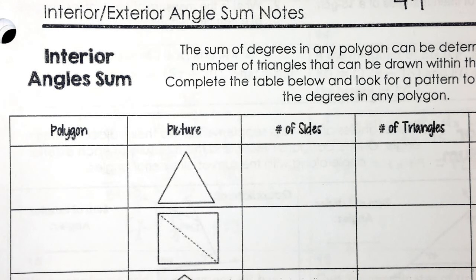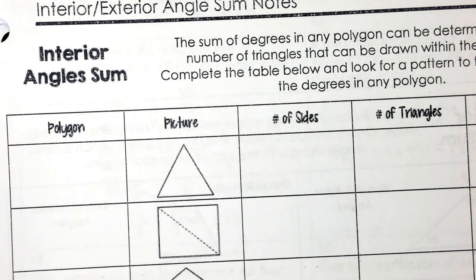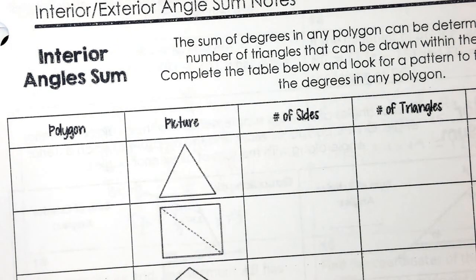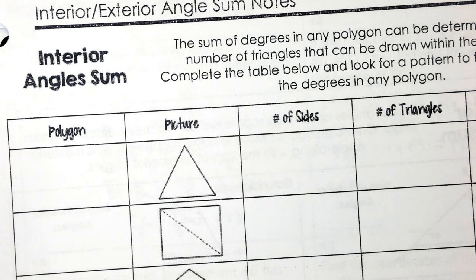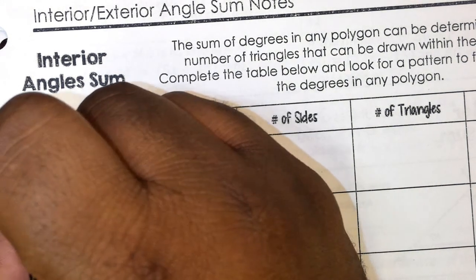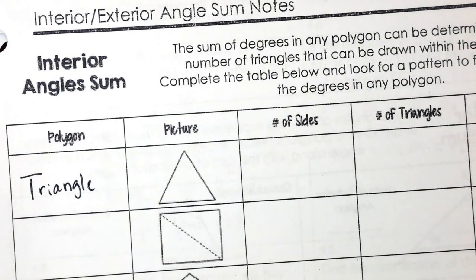Alright. First polygon, everybody should recognize. First polygon is a triangle. Like I said, that's the main one we've been working with. That's the main one we're going to work with.